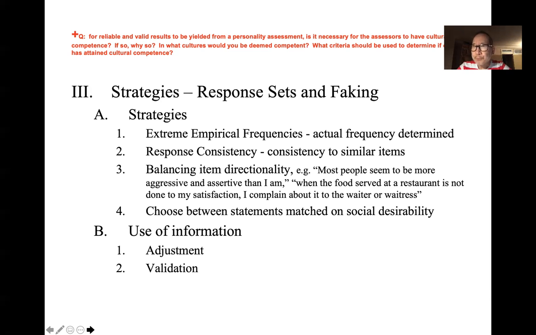So in the former, it is something questionable that you really can't use, or it's valid, and the data from this test can be used because it's a true measure of the person's attitudes, beliefs, and behavioral patterns.